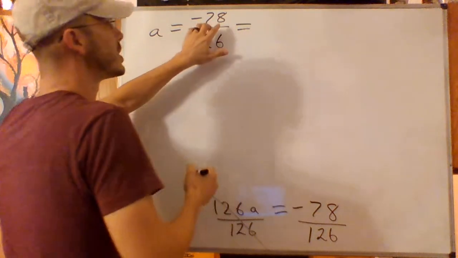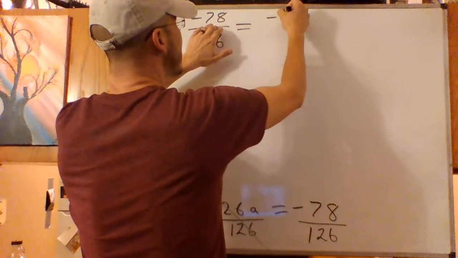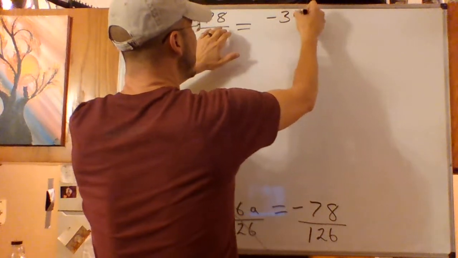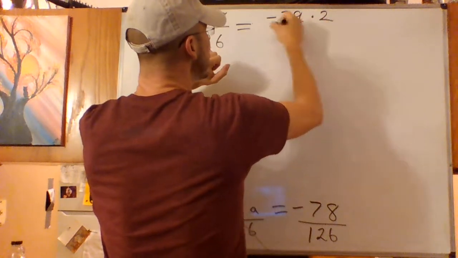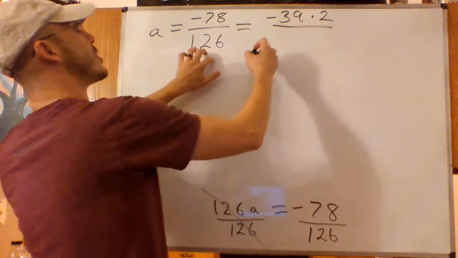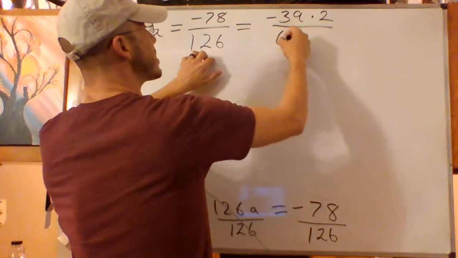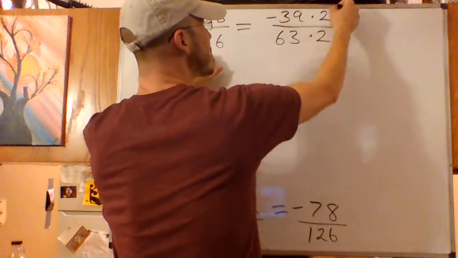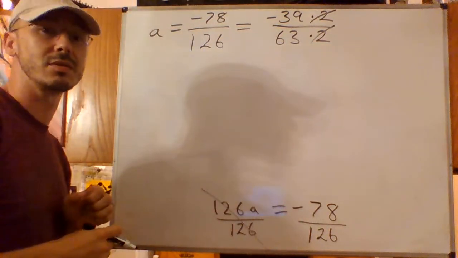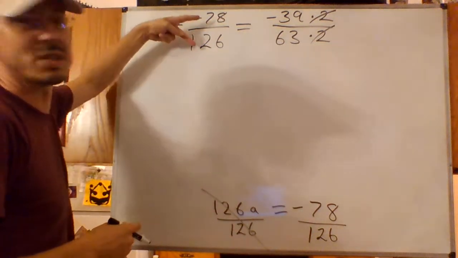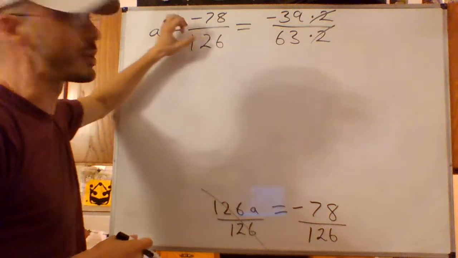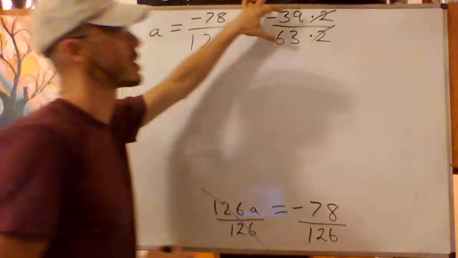They're both even. This is negative 39 times 2, and this is 63 times 2, so I can cancel those 2's. I don't know these numbers really well, so I'm kind of factoring them a little at a time. I know they're both even, so I can factor out a 2.